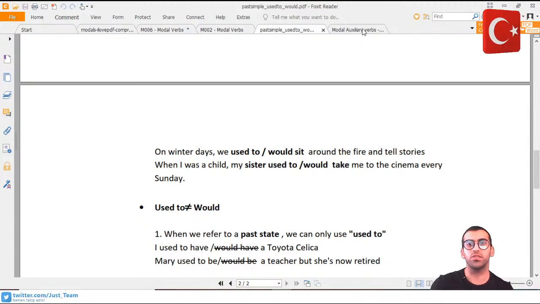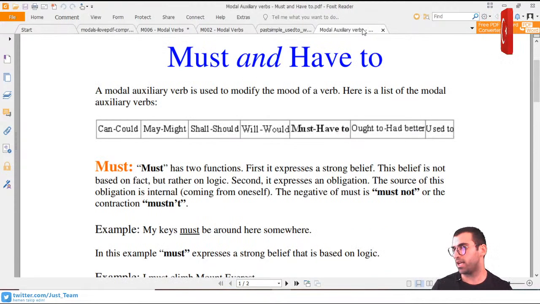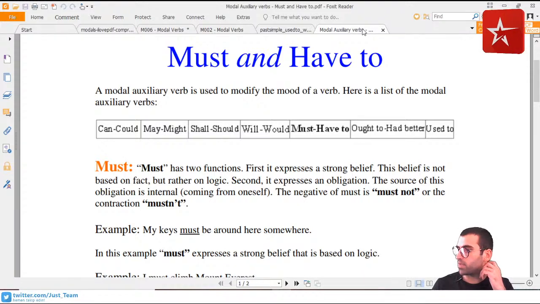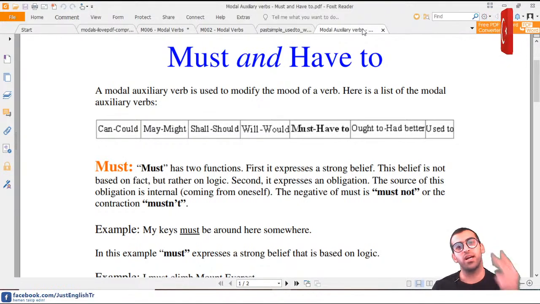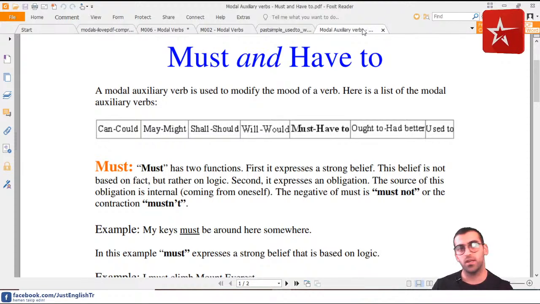And the second question was about must and have to, from one of my students who asked me. I don't remember if it was he or she. One of my students asked me how we can use must and have to. Must has two functions. First, it expresses strong beliefs. This belief is not based on fact, but rather on logic.